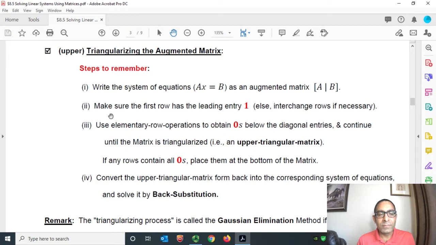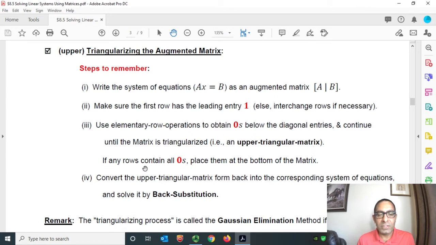Step 2: make sure the first row has the leading entry 1, else interchange rows if necessary. Step 3: use elementary row operations to obtain zeros below the diagonal entries and continue until the matrix is in upper triangular form.